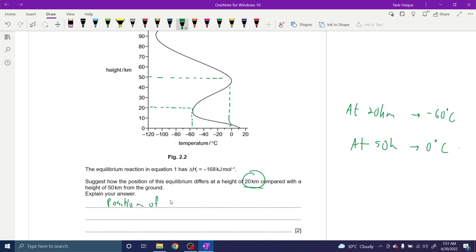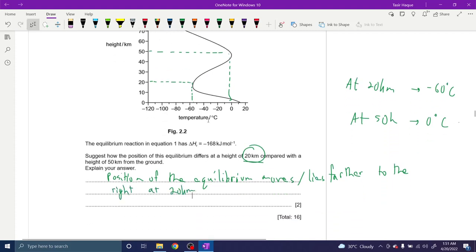The position of the equilibrium lies farther to the right at 20 kilometers.